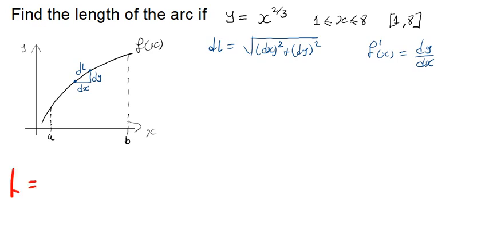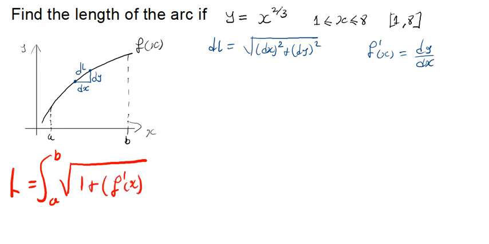So our arc length, which I indicate as L, is equal to the integral, with limits a to b, of the square root of 1 plus f prime of x squared, or simply dy/dx squared, dx.